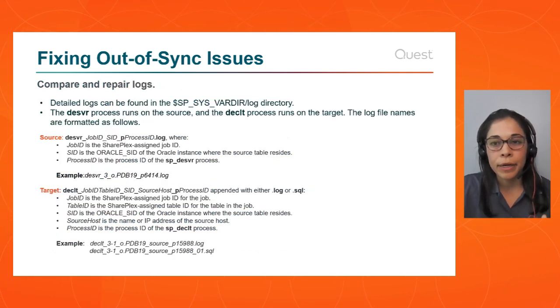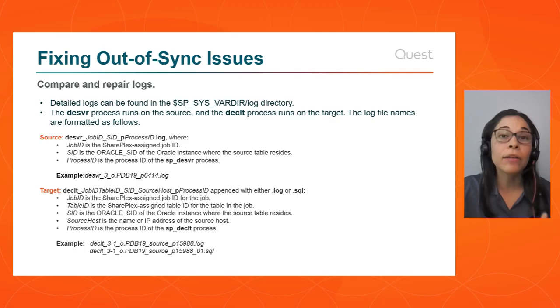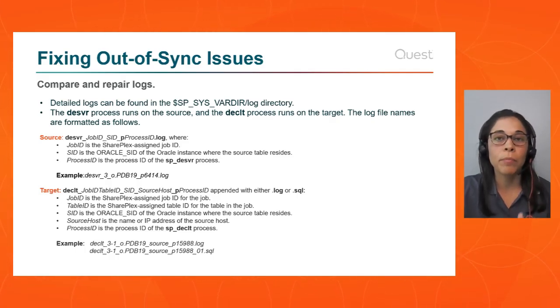When running compare and repair in SharePlex, detailed logs are created and are essential for tracking and troubleshooting. Remember, these logs are found in the vardir log directory on the source and target database. The process that generates the logs is DESVR as a server on the source side, and on the target side it is DECLT, which runs as a client.